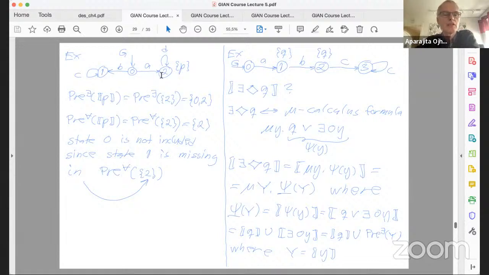So the pre-existence of the state where P is satisfied, that means that I go for state 2 and go one step backward. So pre-existence of 2 includes going backward from 2, includes 1, but also going back to itself. So that includes also 2.